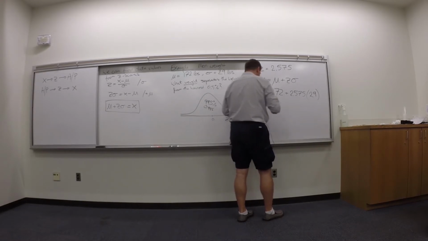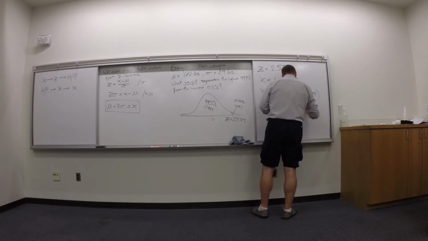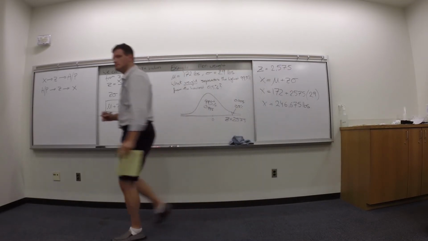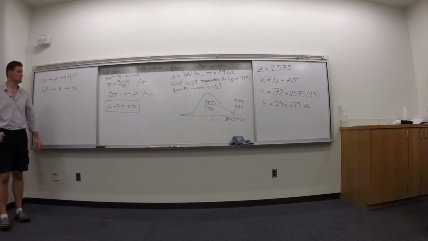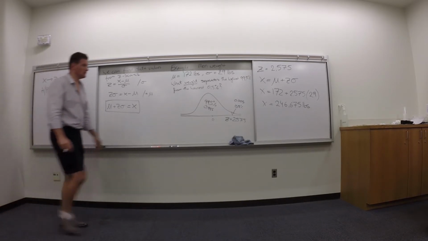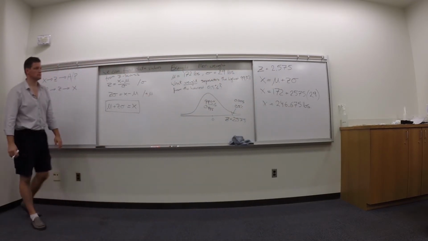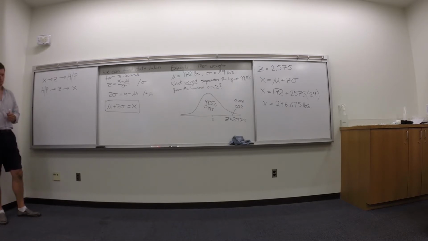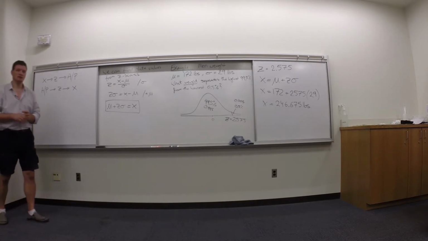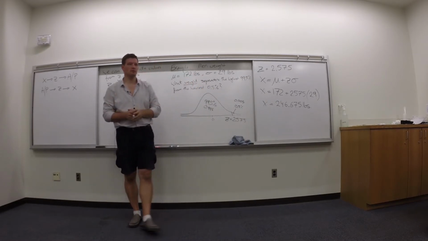And our x comes out to be... And the answer will be 246.675 pounds is the weight that separates the heaviest 0.5% from the rest of the population.